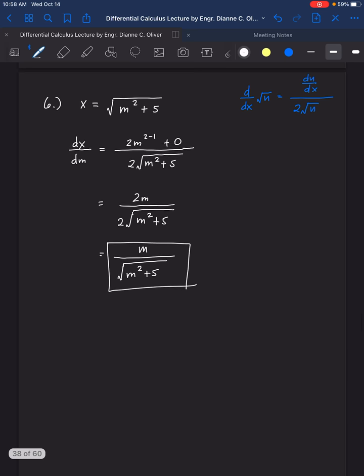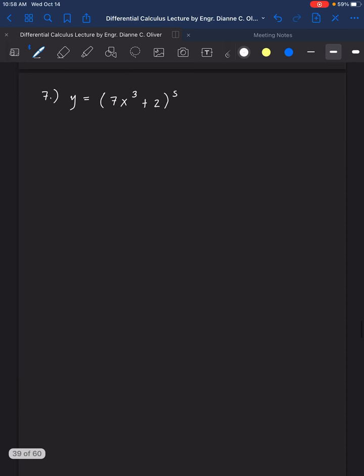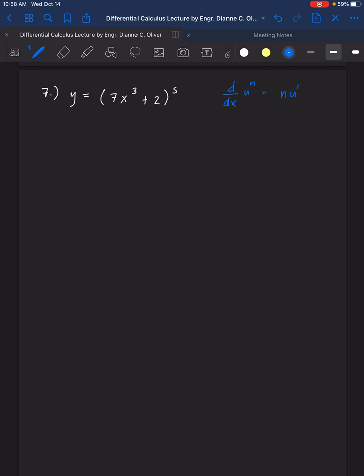How about for number 7? For number 7, we are using the power formula. For the power formula, we have d dx of u raised to n, so that is copy u, bring down n, n minus 1 as the exponent, then the derivative of the base.